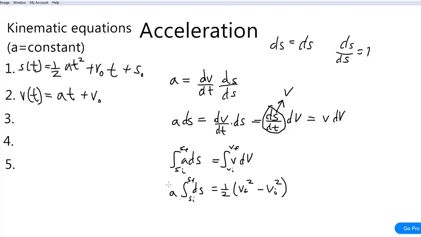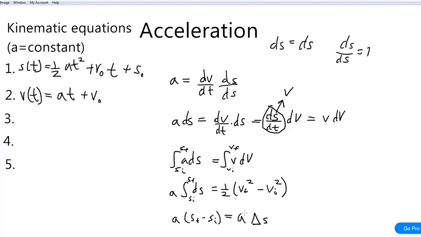So when you do this integral, it's going to be a times s final minus s initial, which in the end is just a delta s. So now we have to just multiply. This is still equal to that.